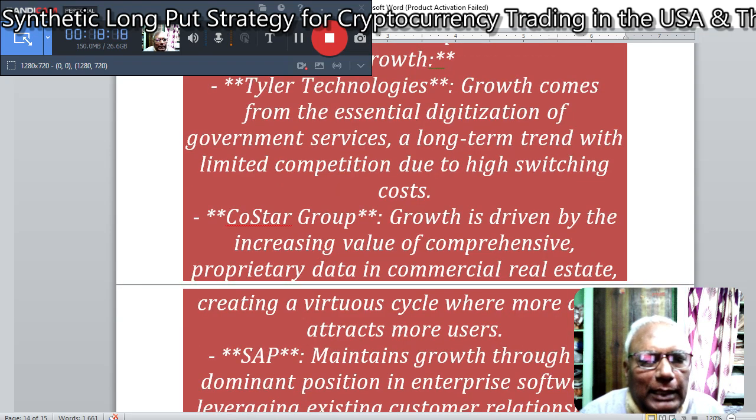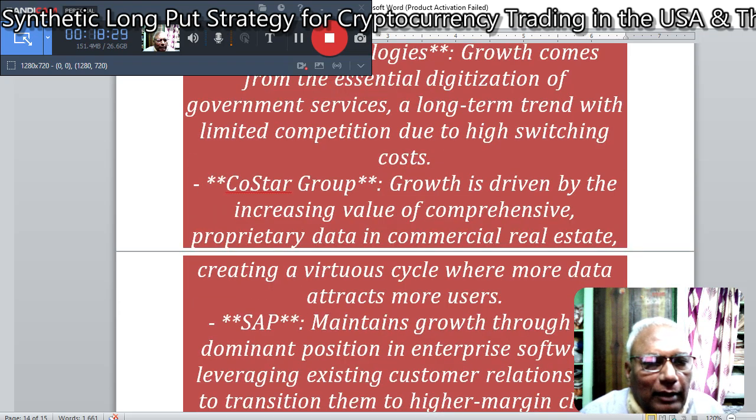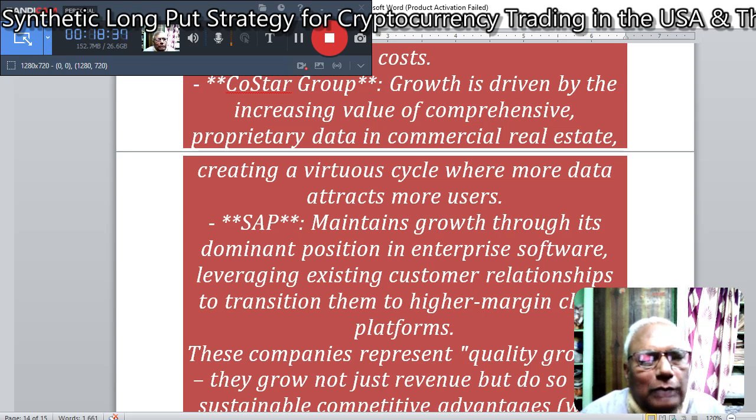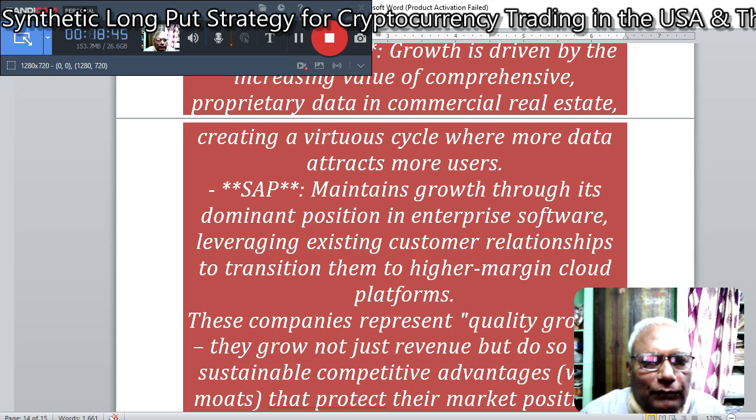Growth is driven by the increasing value of comprehensive property data in commercial real estate, creating a virtuous cycle where more data attracts more users. Third company is SAP, which maintains growth through its dominant position in enterprise software, leveraging existing customer relationships to transition them to higher margin cloud platforms.